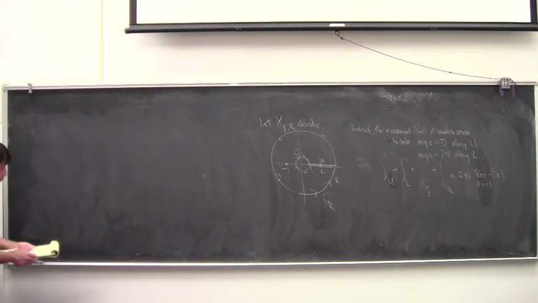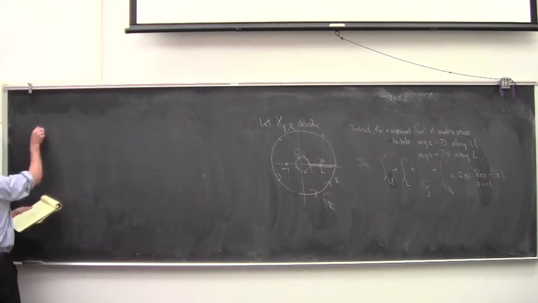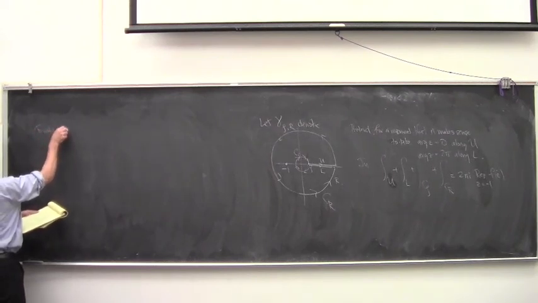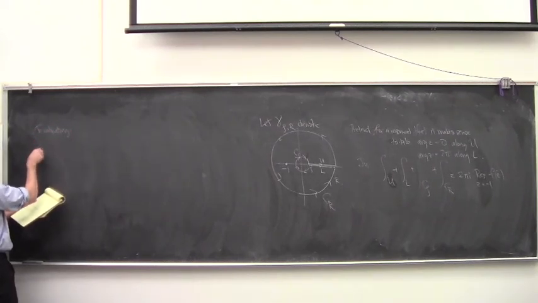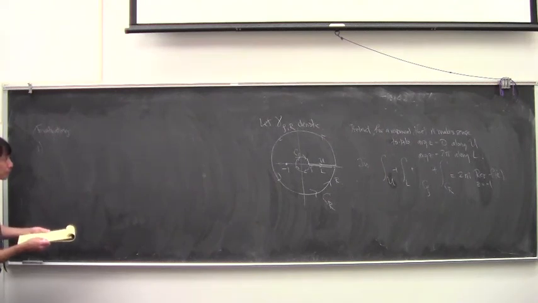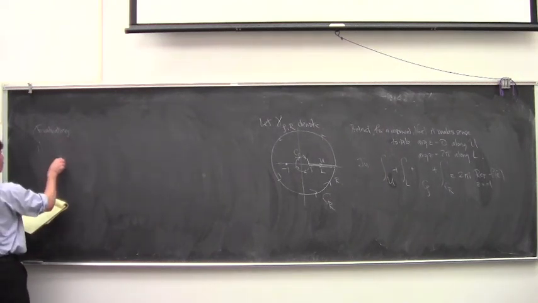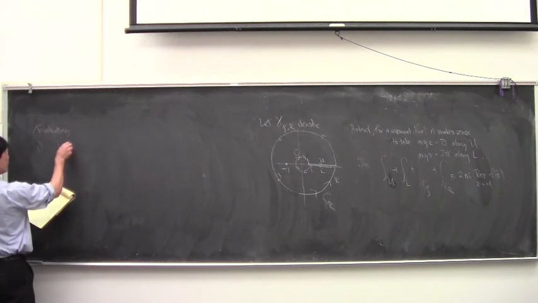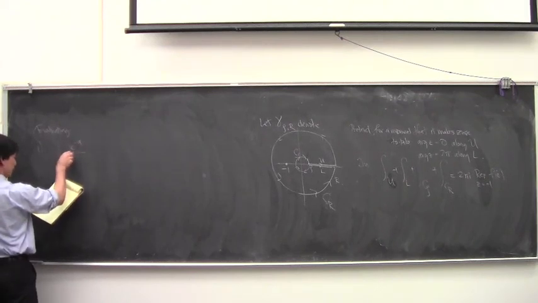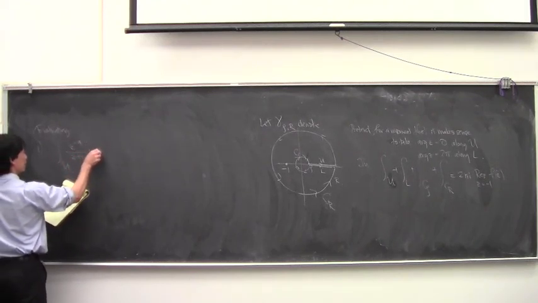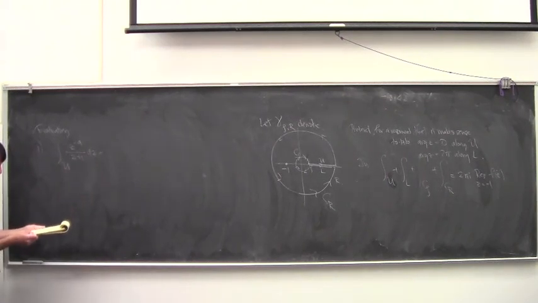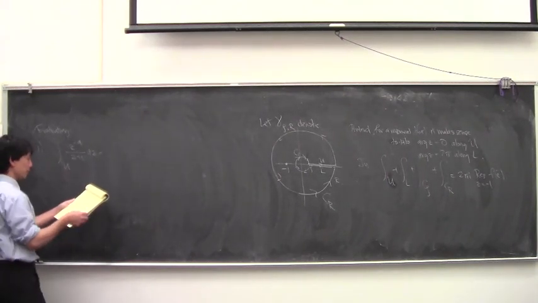Okay. So now let's just evaluate everything. First off, let's do the integral over U, excuse me, of z to the minus a over z plus 1 dz.